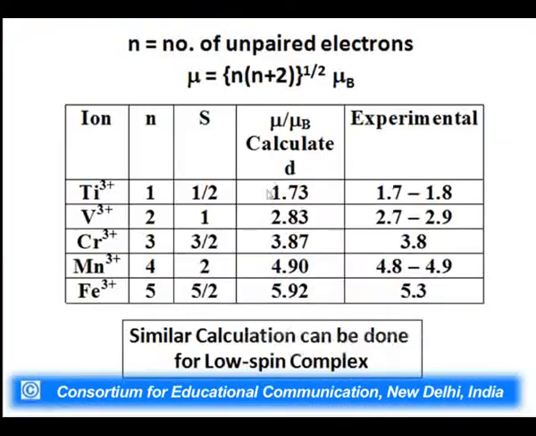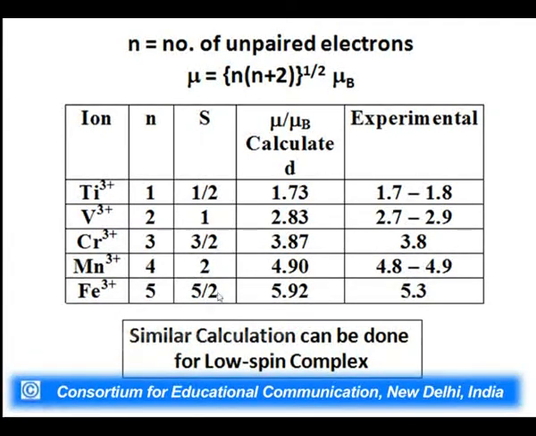Now, we have to know that in tetrahedral complexes, only and only high spin complexes are formed. Why? Because Δt is very, very much smaller than Δo, and in no circumstances does Δt become larger than the pairing energy. So it is always smaller than the pairing energy, and hence only high spin complexes would be encountered. Please look at these calculated values for various ions forming the complexes, and the number of unpaired electrons listed here: 1, 2, 3, 4, 5.